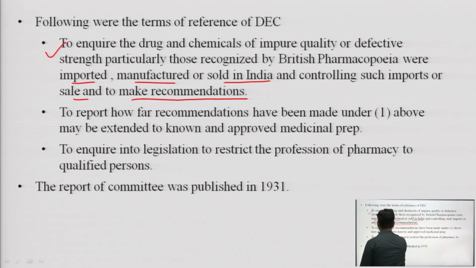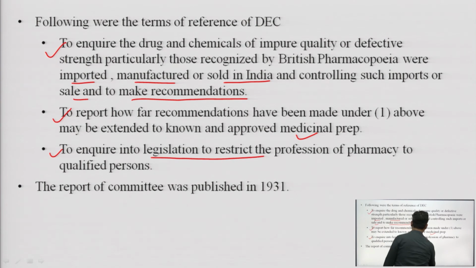To report how far recommendations have been made under above may be extended to known and approved medicinal preparation, to ensure into legislation to restrict the profession of pharmacy to qualified person. The report of committee was published in 1931.